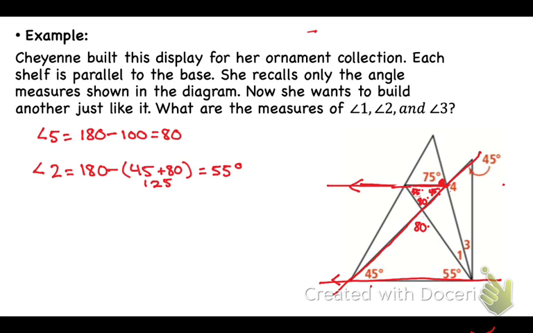We need 1 and 3. So could we find any part of 1? 80 is on another transversal. Yeah, 80 and 55, and then subtract that from 180. How can I find this angle right here, the one I just put a dot on?